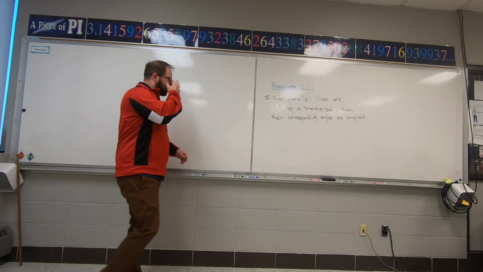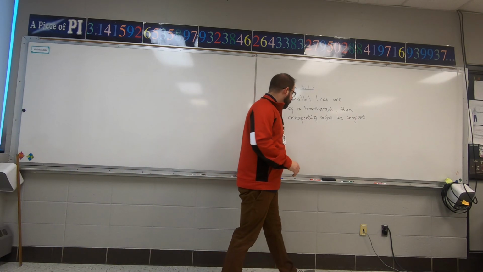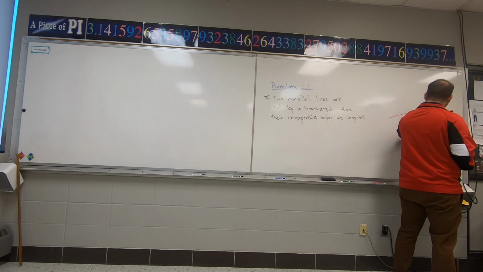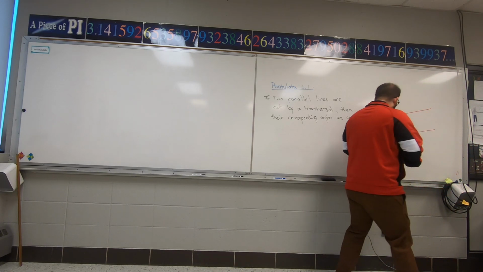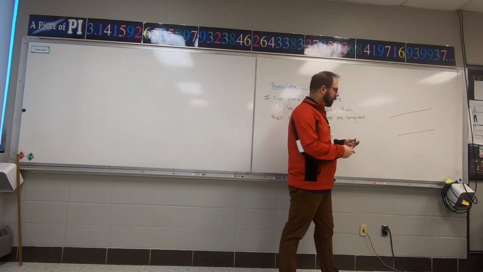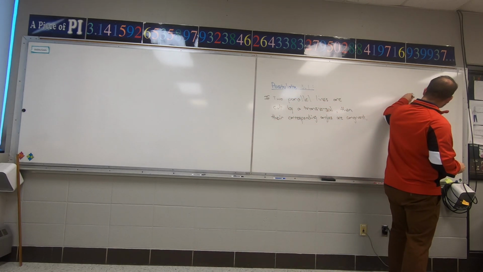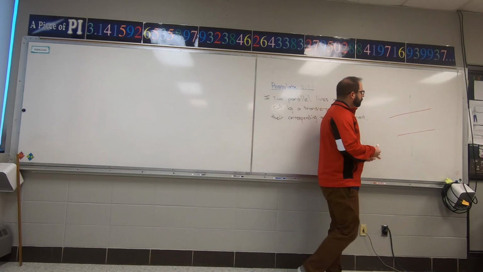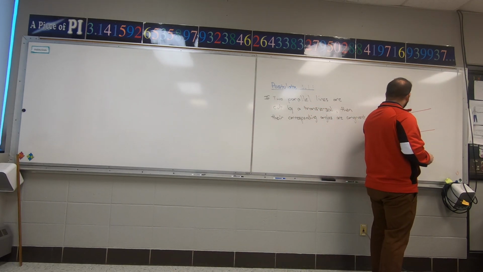So let's talk about this idea. I'm going to just draw a generic drawing of this. So we have two parallel lines. I don't care how you draw them. And we're going to cut it with a transversal. A transversal is a line that goes through them. Something like this. Again, to show parallelism, they usually have a little pink arrow in your textbook. Something looks like this.